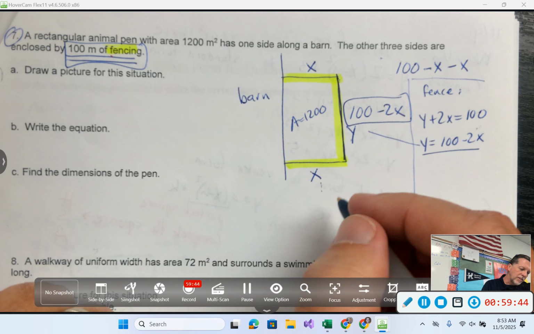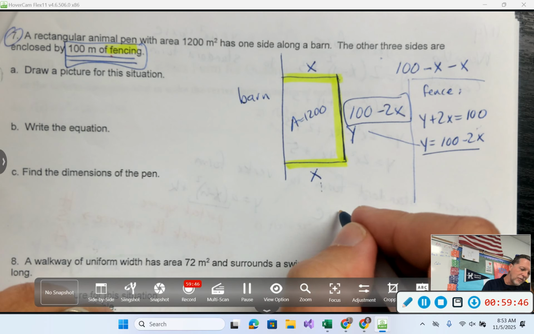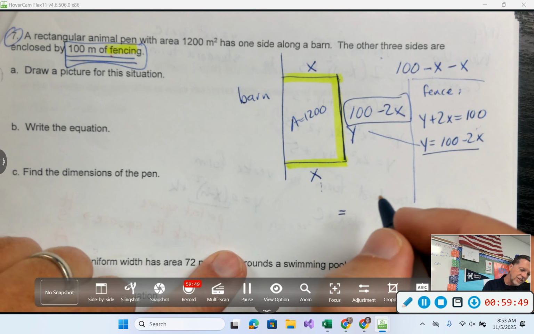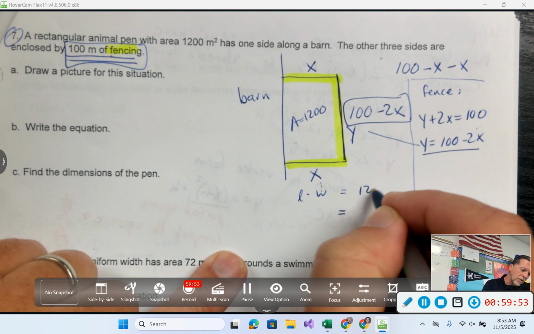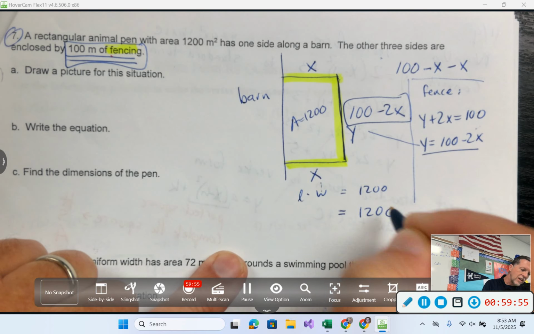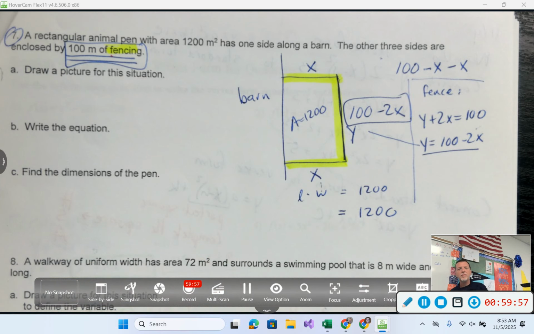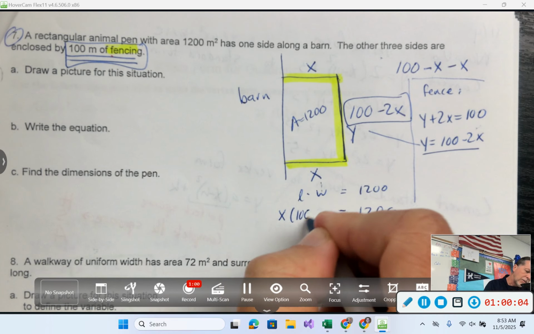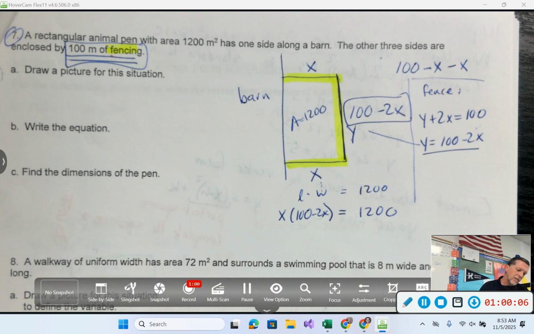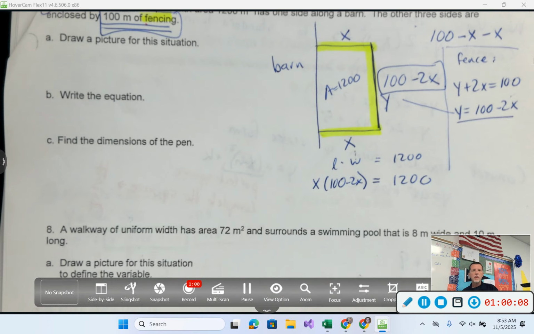Okay, area is 1,200. What's the area formula? Length times width is 1,200. So what's the length and the width of that pen? Perfect. x and 100 minus 2x.